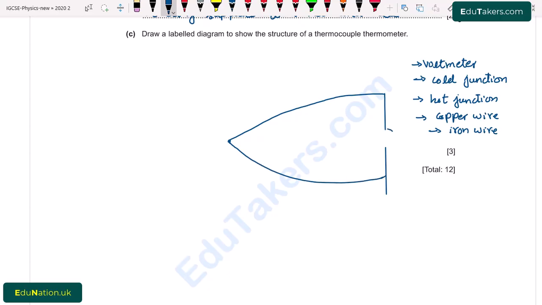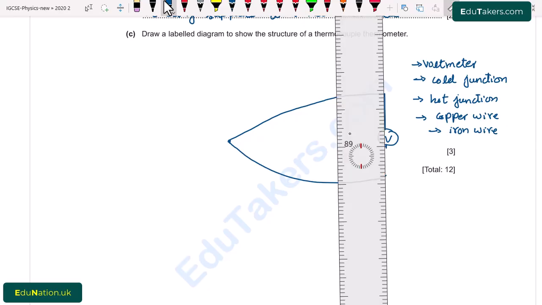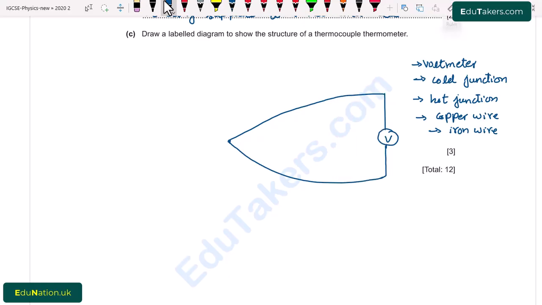And here we attach the voltmeter. It is the lower line. And then we have to make the hot junction at this side.